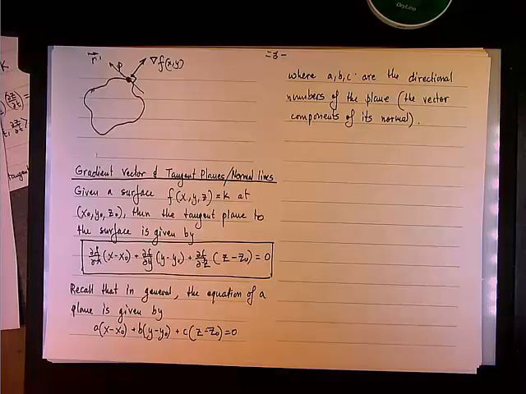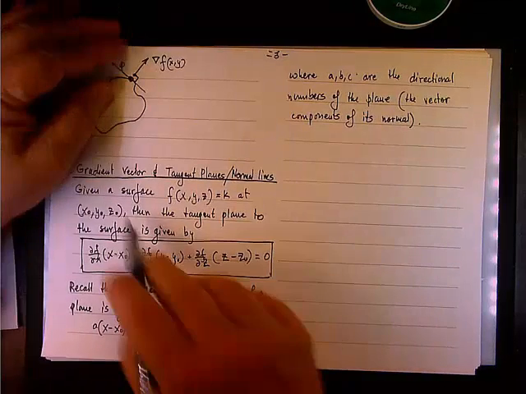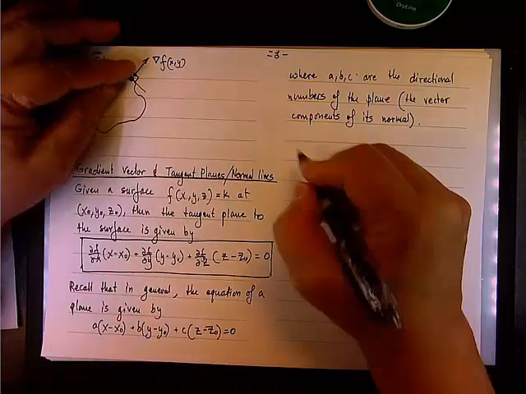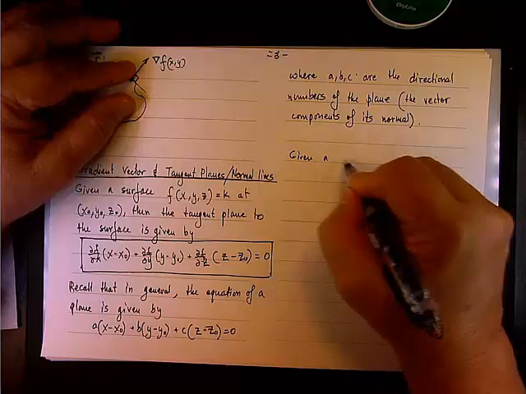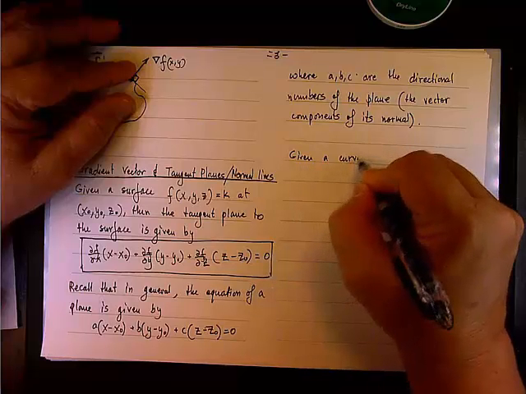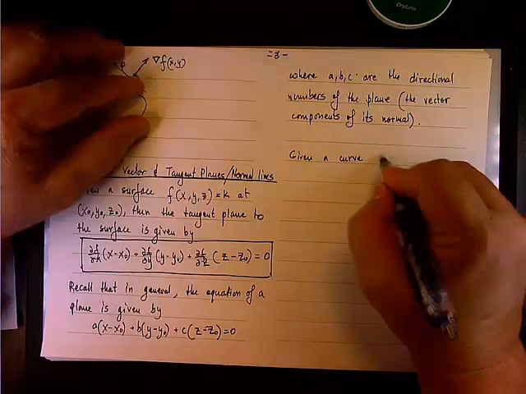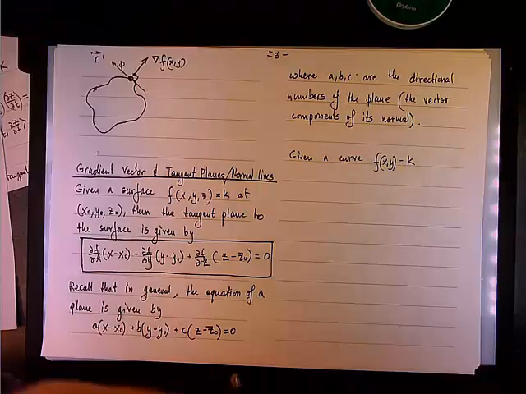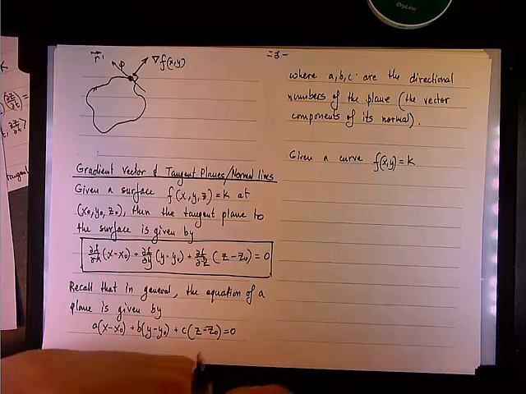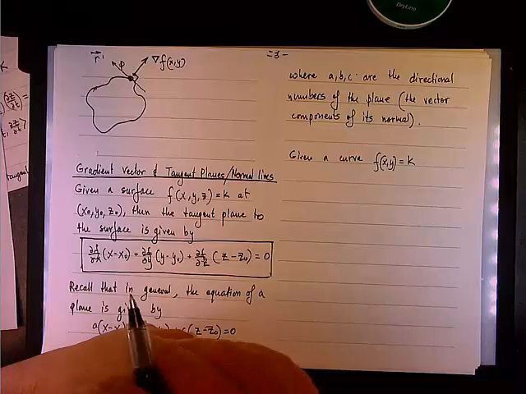Okay, all right. Now what happens if we have an equation in two variables? Here this is a surface. If we are given a curve, in this case it will be f of x, y equals k, right? We need to tweak it a little bit.